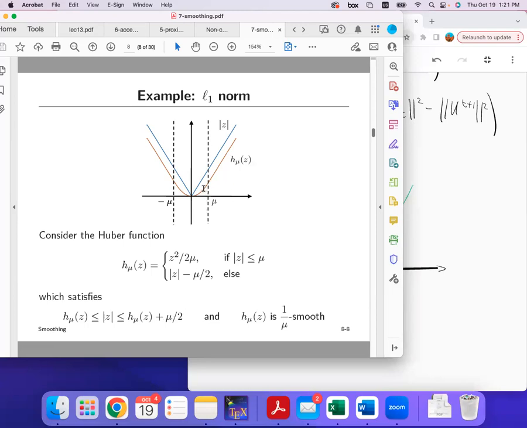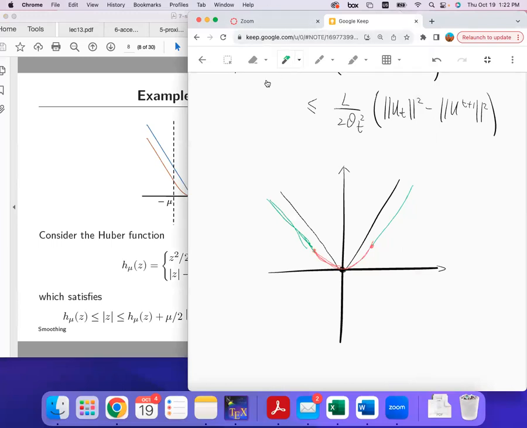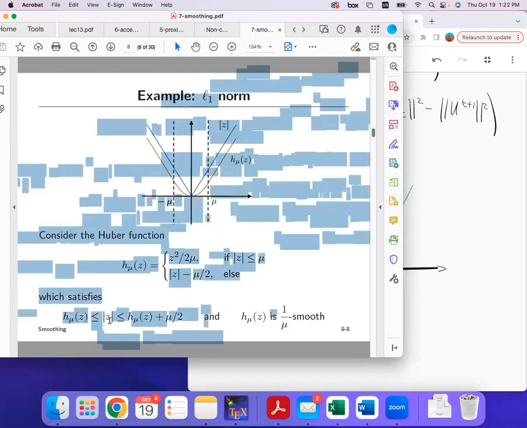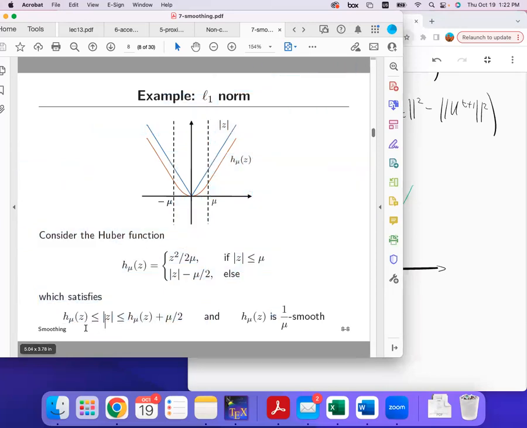If you shift this red curve up by mu over 2, then it will be above this absolute value function. So this absolute value function is between these two smooth approximations.